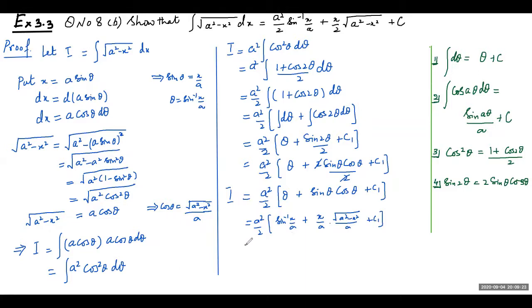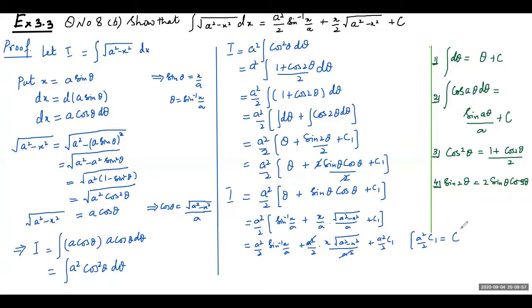Open up the bracket and you will get a square by 2 sine inverse x by a plus a square by 2 into x into square root of a square minus x square divided by a square, plus a square by 2 into C1. This a square got cancelled and we put a square by 2 into C1 equals C.